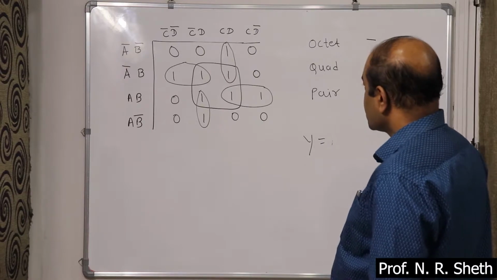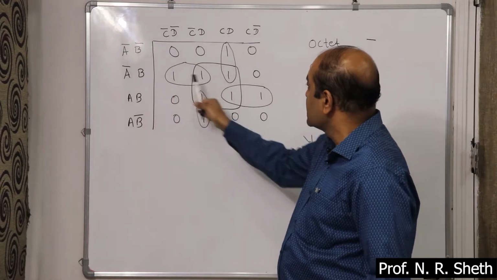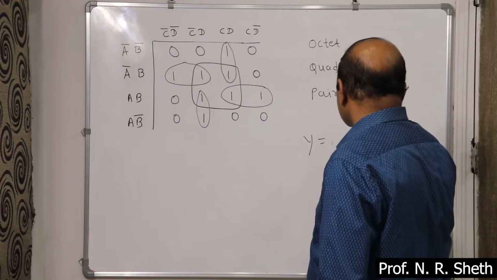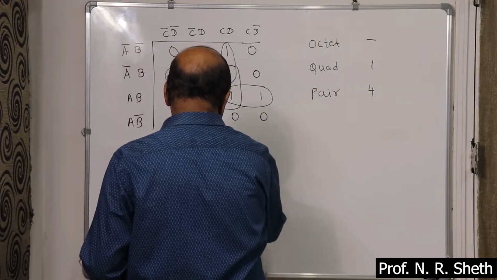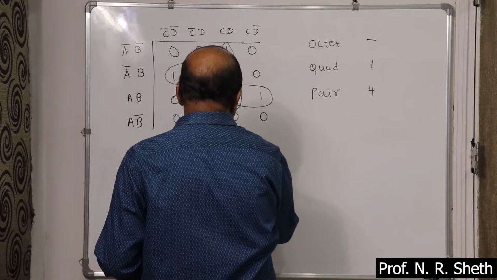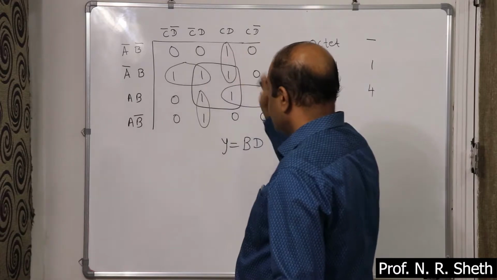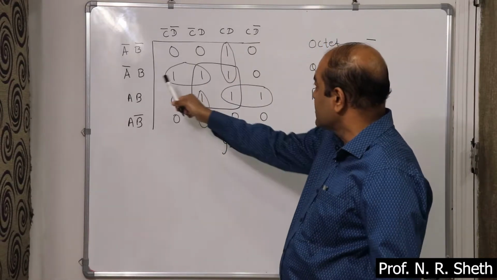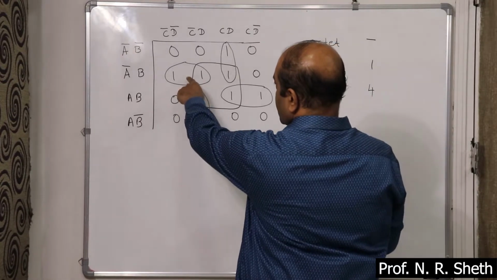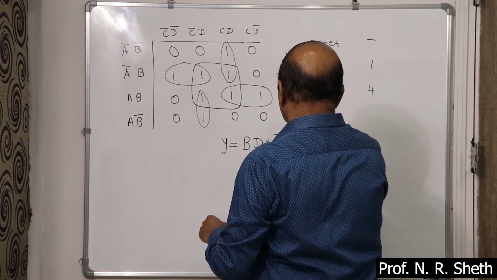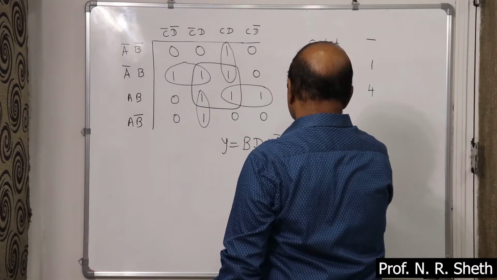Now your equation. First for this one. A bar cancel, B, C bar cancel, so D. So y equals BD. Now one by one the pairs. First pair, this one. A bar, B, D bar cancel, so C bar.